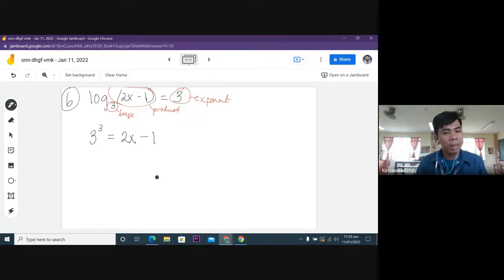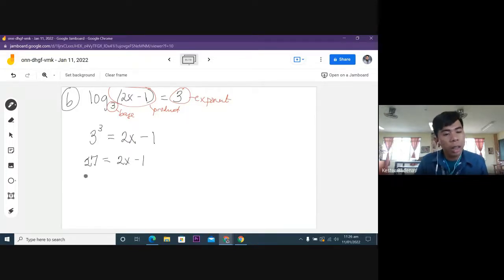Tama, class? Kasi diba base, tas exponent. So, 3 cubed. Tapos, itong gitna, yun yung product. So, 2x minus 1. Ngayon, class, simplify further. So, we have 3 cubed, that's 3 times 3, 9 times 3, 27 equals 2x minus 1.